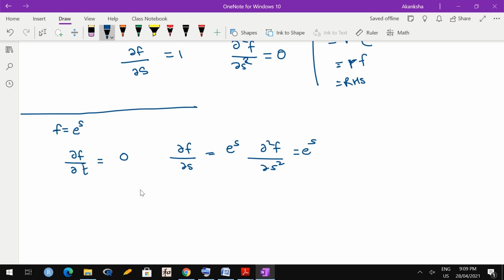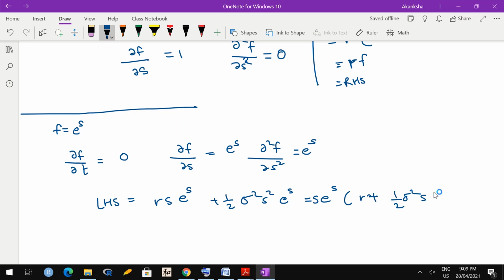So if we substitute, we get LHS equal to rS e raised to S plus half sigma square S square e raised to S, and even if I take e raised to S common, I'll be left with r, and S also I can take common, so r plus half sigma square S, which cannot be simplified further.